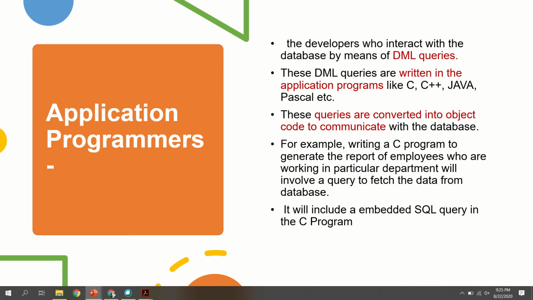So application programmers are developers who use DML queries to perform manipulation, and they write code inside application programs which connects with the database and accesses the stored data. That is the first type of user.